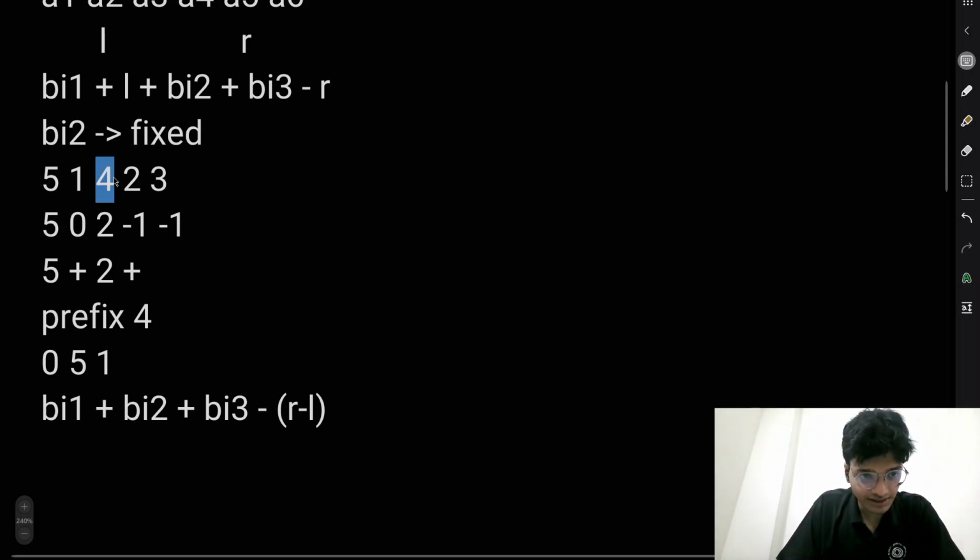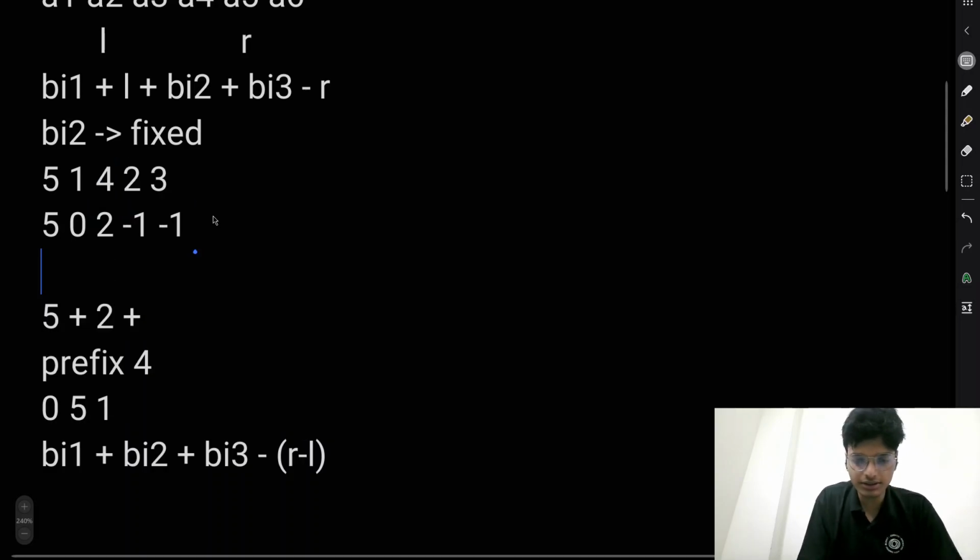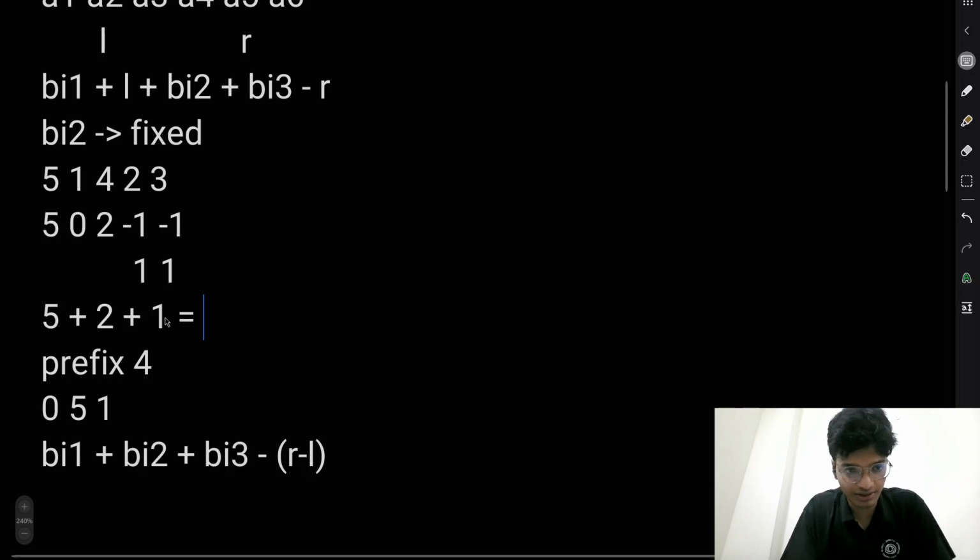If we are at the fourth index, then we just find out what is the maximum it would give us, the same as we have done with the zeroth index. For the third index, it would be minus one. Wait, it would be one and one. So it's saying you can visit any of them. So we would choose any one of them, and here our answer will be five plus two, seven, and then plus one, eight.